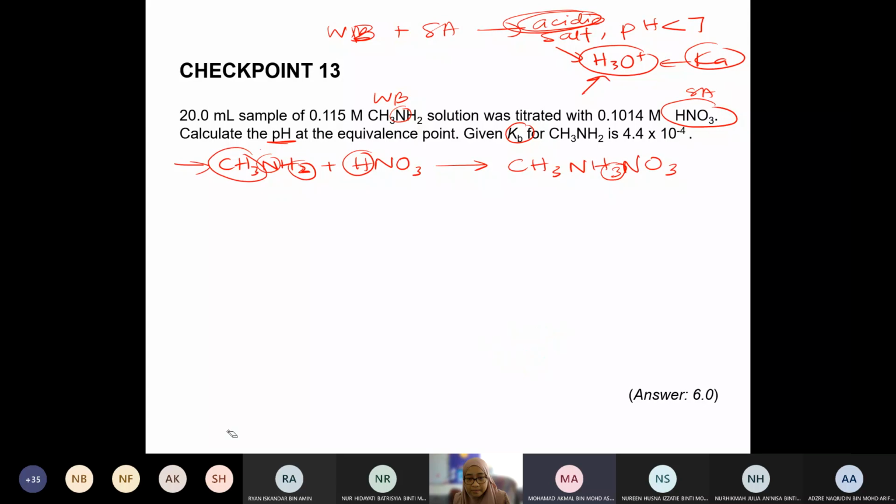Dia reaction between CH3NH2 dengan HNO3. Lepas tu dia dapat produk CH3OH plus H2O plus N2. Dia jadi 3 produk. Ini tengok dekat mana?